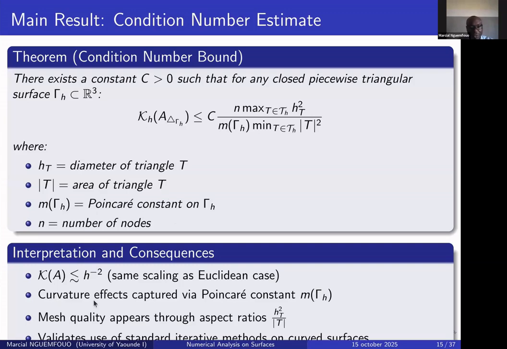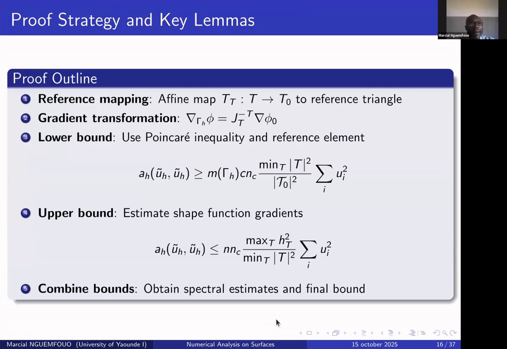The curvature effect is captured via the Poincaré constant. Mesh quality appears through the aspect ratio, H squared T over the area of T. The proof outline is given in five points.